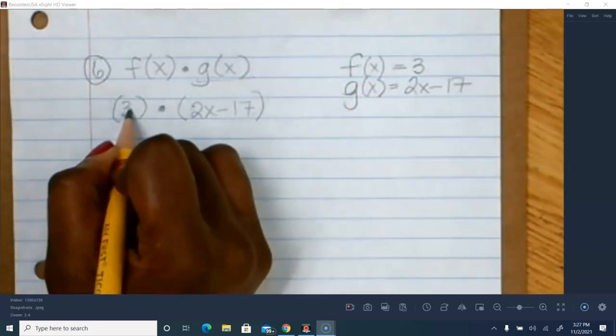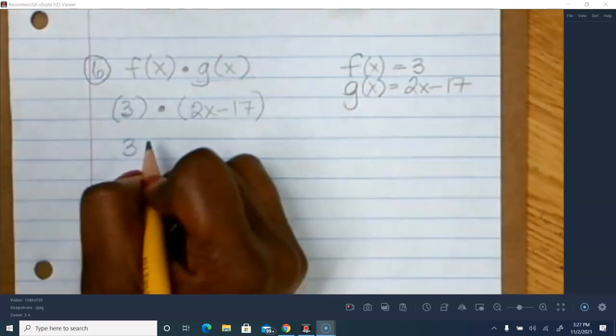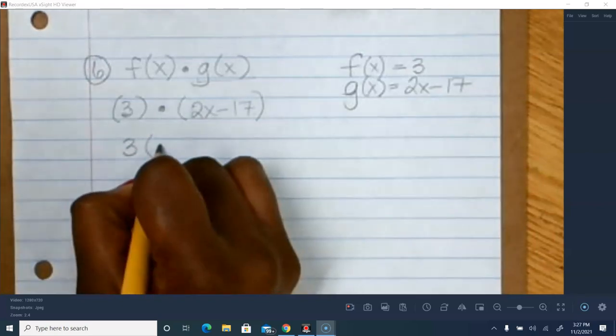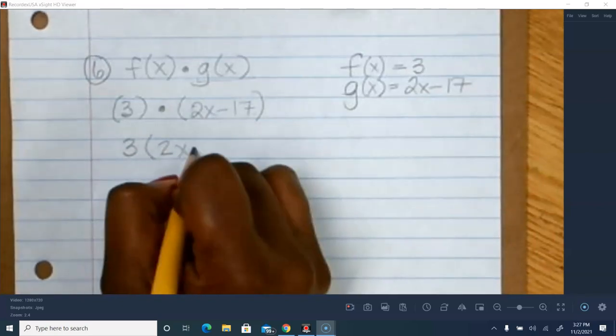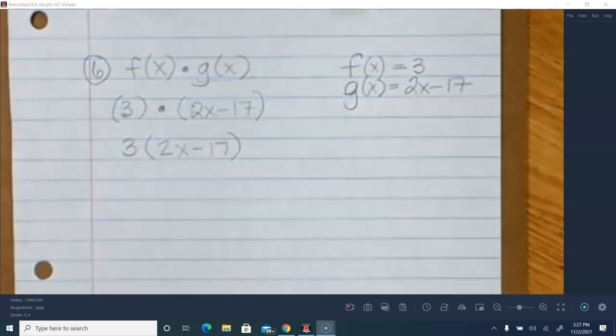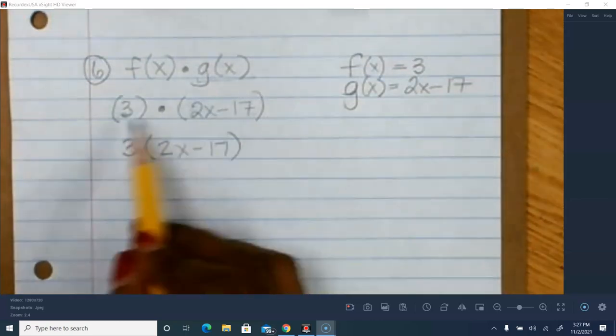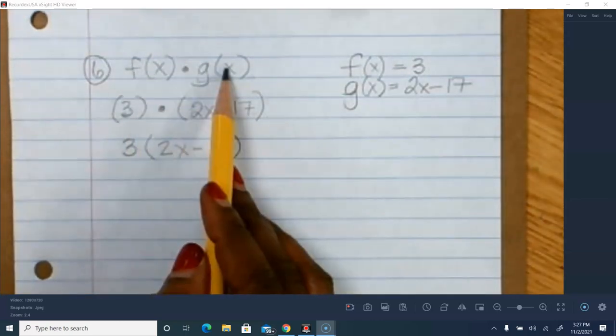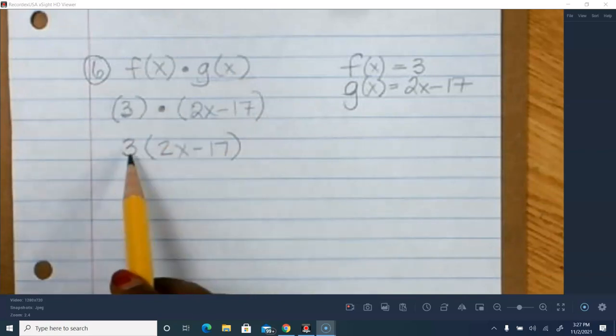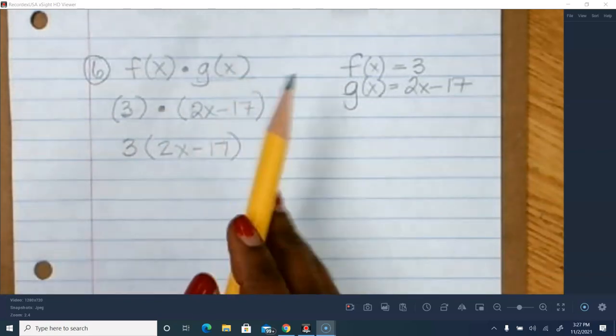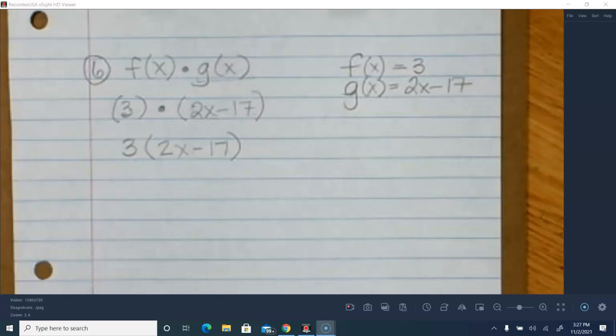And so I want to put it in a structure that I'm familiar with. So I'm going to pull this 3 out, and I'm going to put 3. And next to that, leaving this in parentheses, I'm going to put 2x minus 17. Now, this is still saying the same thing. This is f of x times g of x. It is still f of x times g of x. A number next to a parenthesis means multiply. So what does this look like? This looks like distributive property.